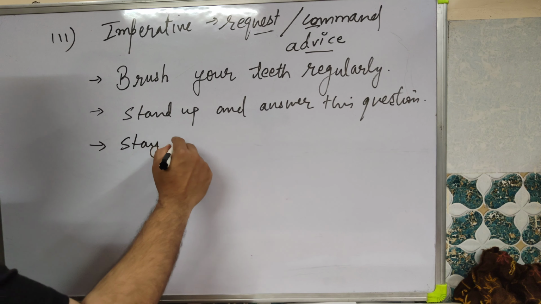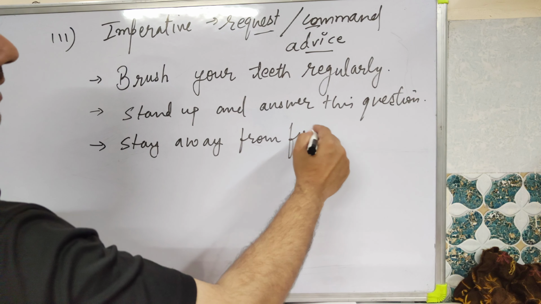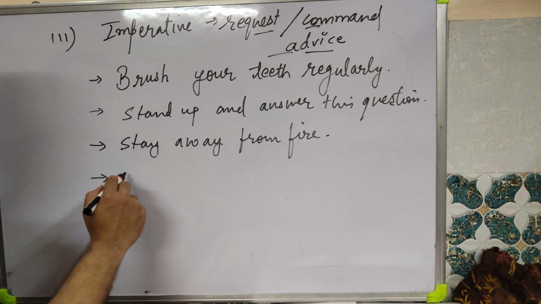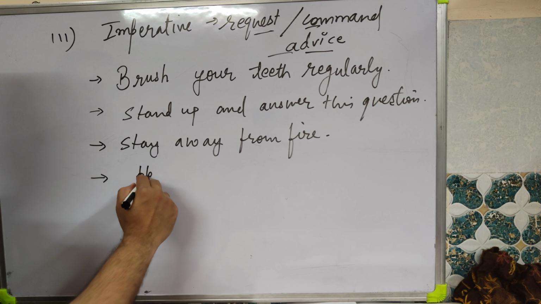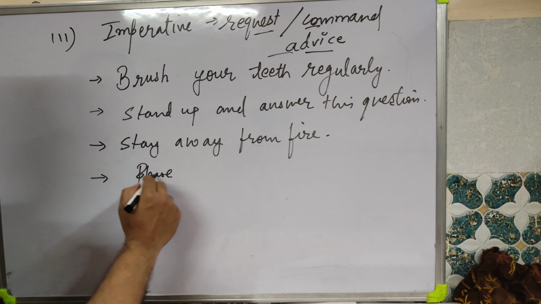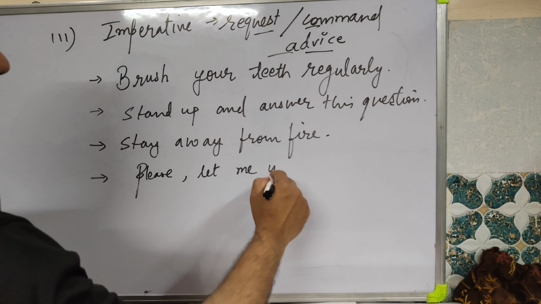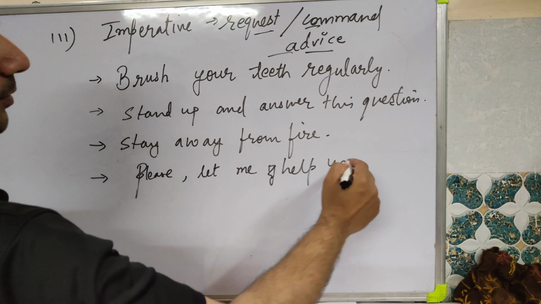Stay away from fire. Stay away from fire. This can be said as an advice. Please give me, or I can say, please let me help you. Let me help you.